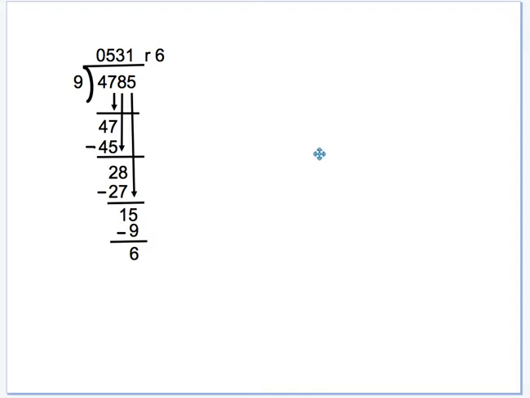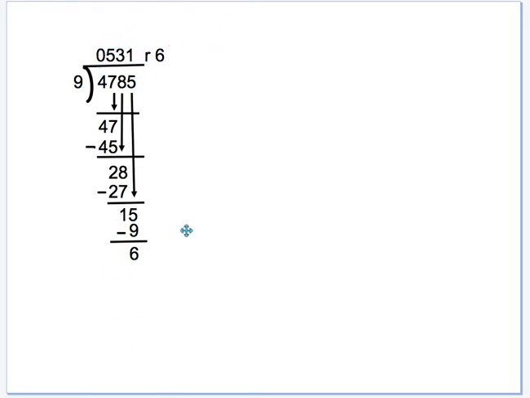Now, when you're in college, pre-calculus, and if you ever go into calculus, they will do extra stuff with the remainder, but for now, just write the remainder up there. We really don't care at this point what the remainder is. We just want to know how many times 9 can go into 4,785, and the answer is 531.